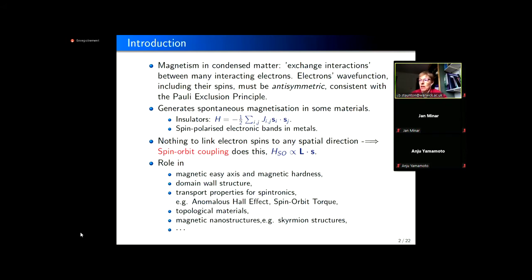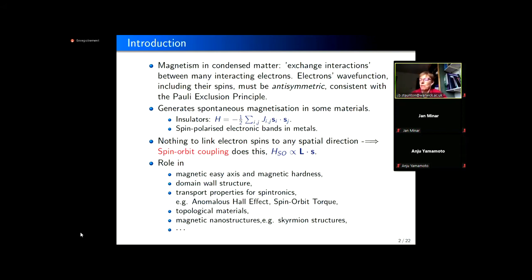And that's where we include relativistic effects, particularly spin-orbit coupling, and that's absolutely crucial for understanding many aspects of magnetic properties. For example, what is the easy axis for the magnetization in the system? How magnetically hard, how robust is the magnetism against fluctuating fields, etc.? What's the nature of the domain wall structure in a material?